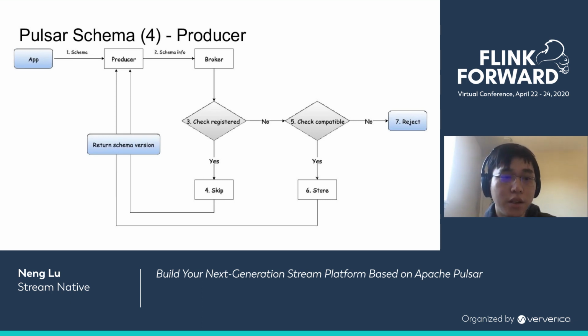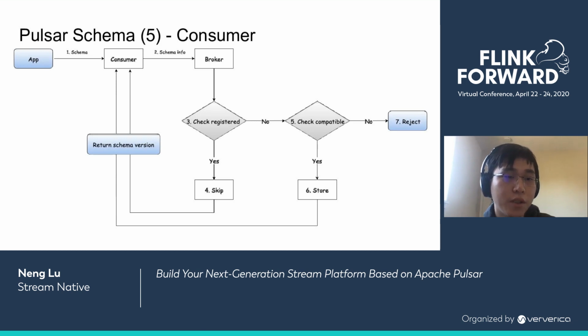If the schema was already registered previously, it will return the schema version and use that schema directly. But if not, then we check if it's compatible. Based on the result, if it's not compatible, the schema will be rejected. And if it is, then we store this version of the schema and return its version for the producer to start to produce data.